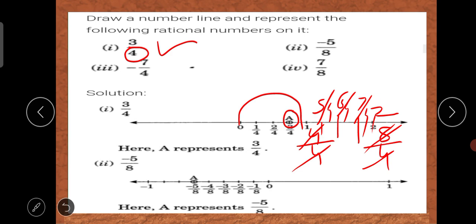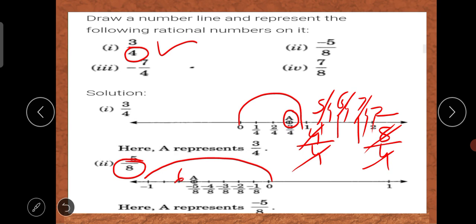So 3 upon 4 is lying here, and give some name there. Here I gave A. Next, see minus 5 upon 8. Now minus 5 upon 8 is negative, so it will lie on the left side. From 0 to 1, the total parts should be how many? 8 parts. So here 1, 2, 3, 4, 5.